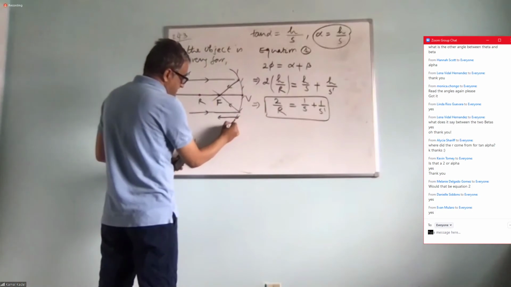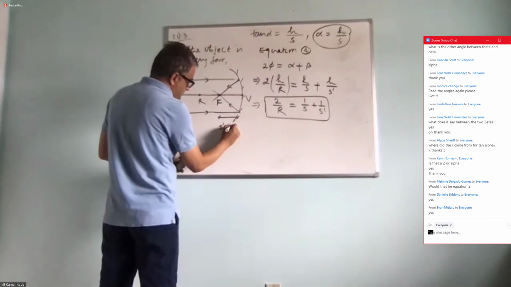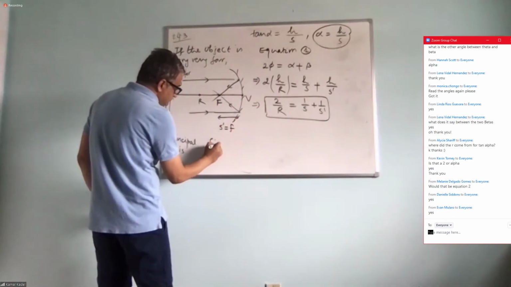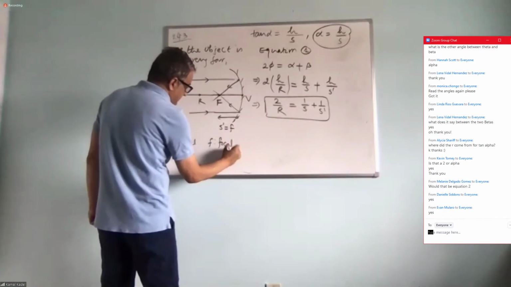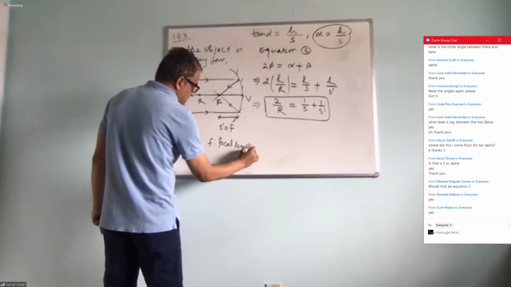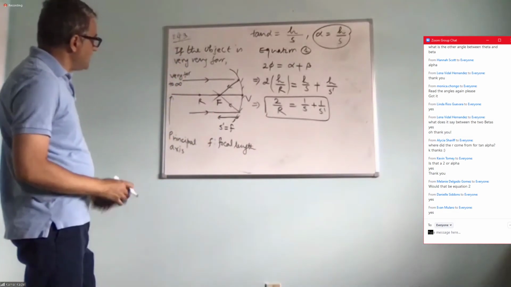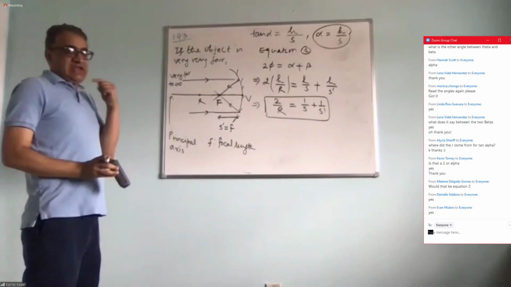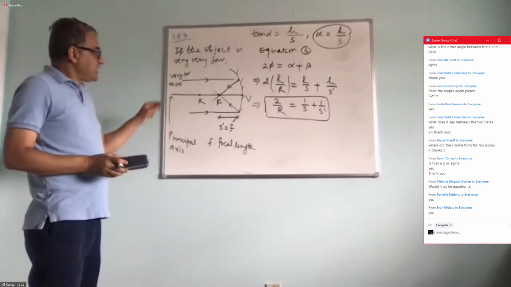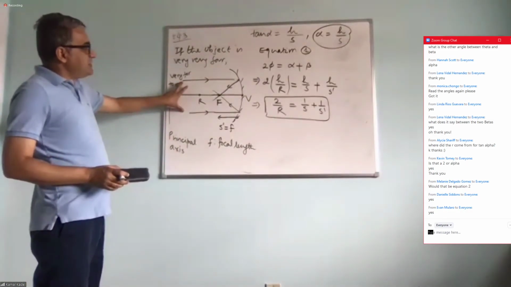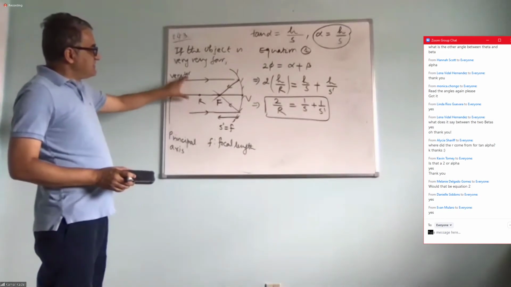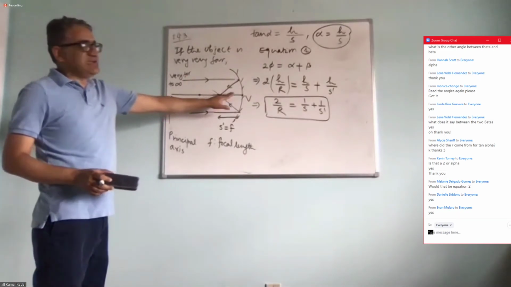F is called the focal length. I repeat it. When the object is very far, the incoming rays come parallel to the principal axis.